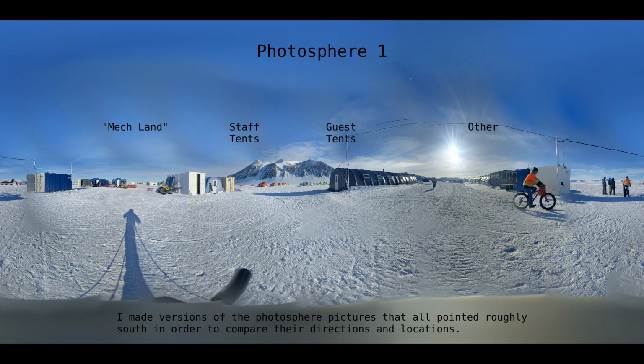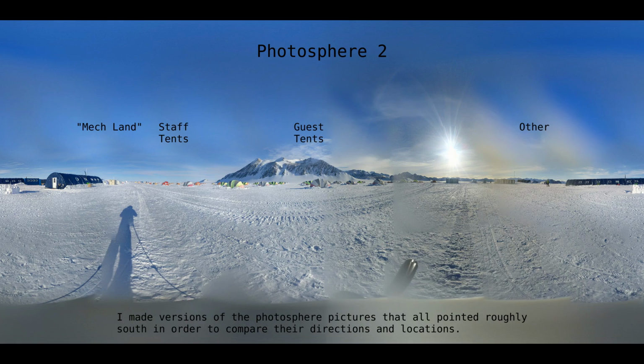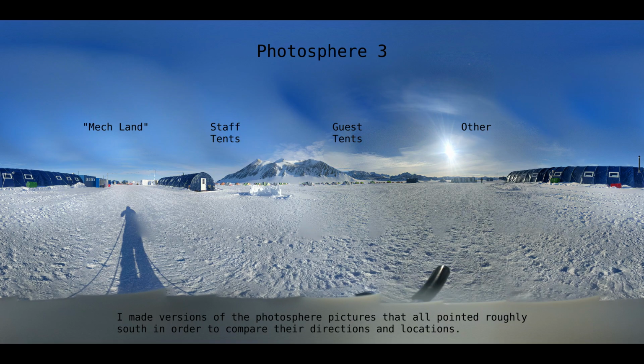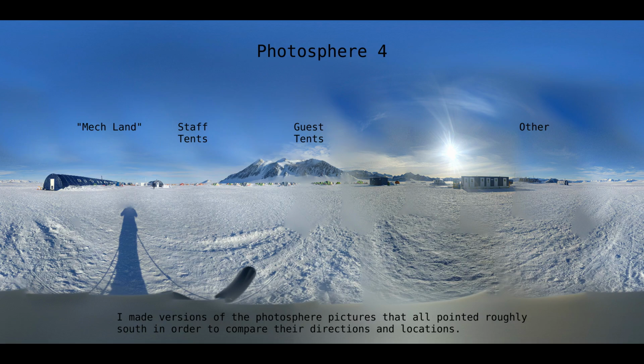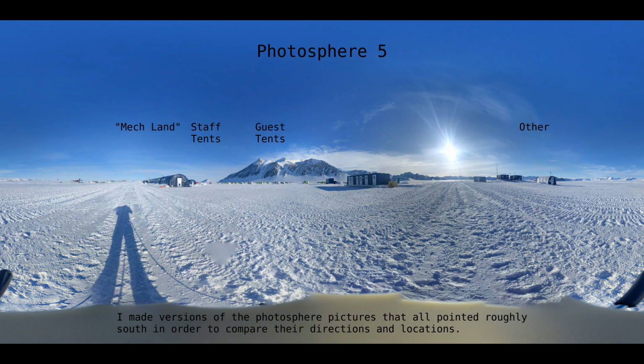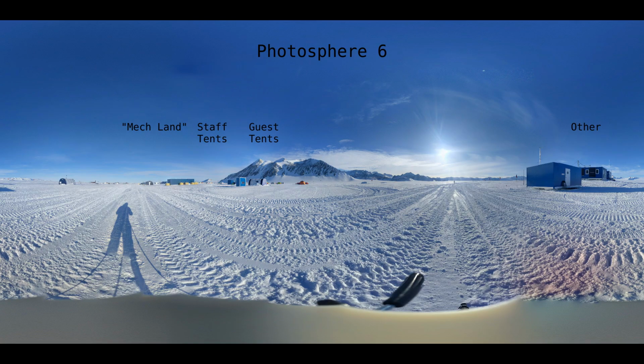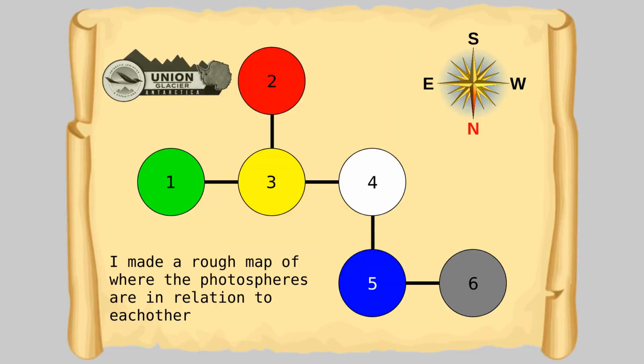I made versions of the photosphere pictures that all pointed roughly south in order to compare their directions and locations. I made a rough map of where the photospheres are in relation to each other.